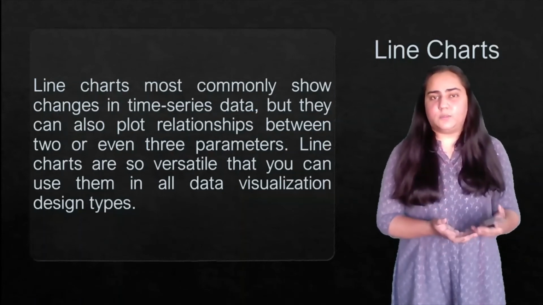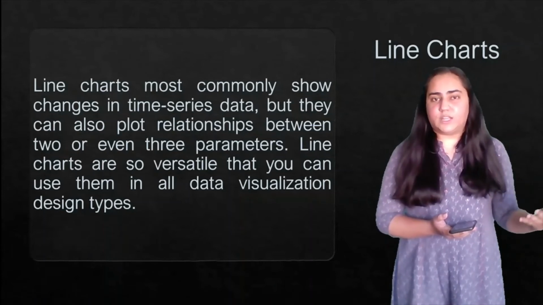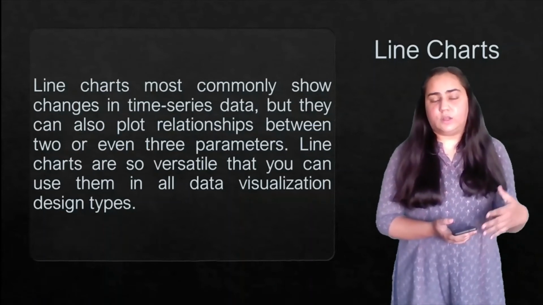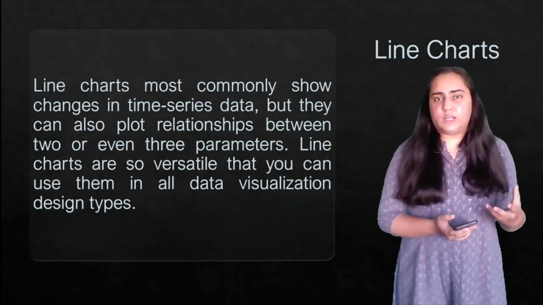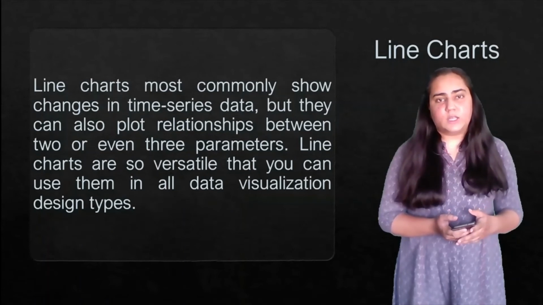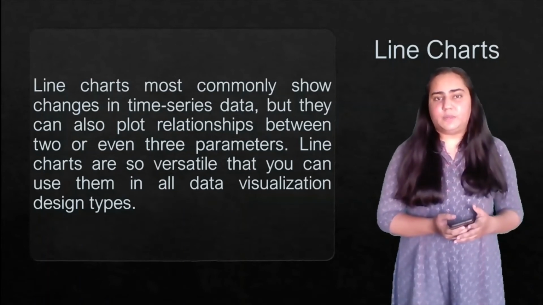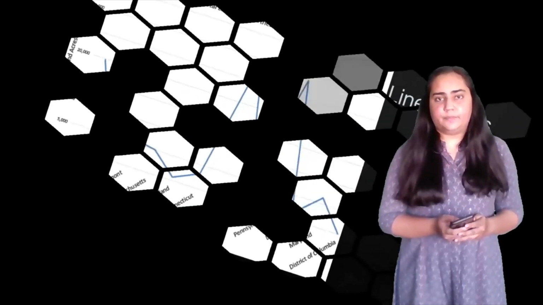If you don't know what a time series is, you can watch the video on time series that I have created. You'll find it in the description box. Using line charts, you can plot relationships between 2 or 3 parameters, and they can be used in almost all kinds of visualizations.